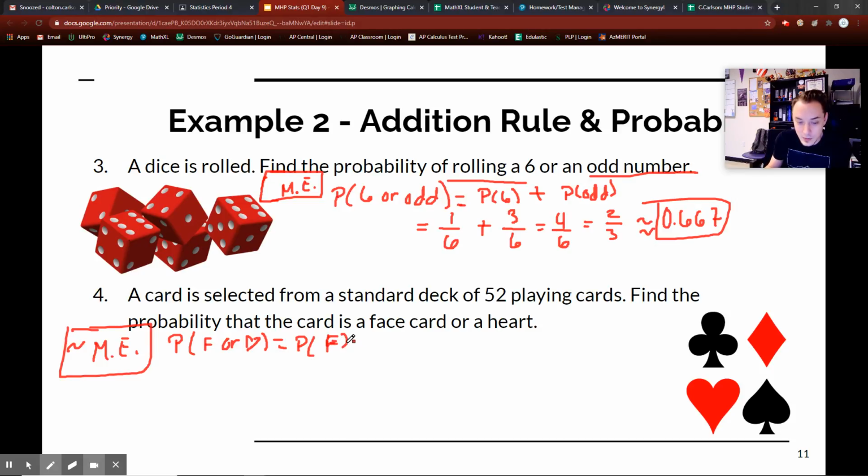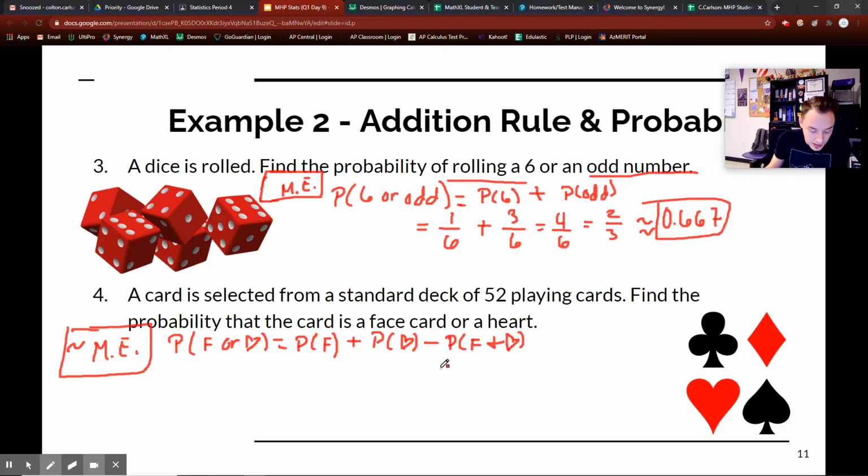I want it to be so perfect. That's really what I want to do. Just have it be perfect. That's better. Probability of a face card plus the probability of a heart, and then minus the overlap, the probability of a face card and a heart.